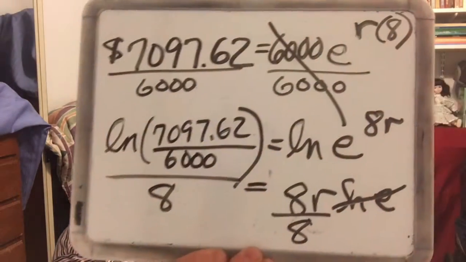So now I'm going to get that cleaned up on another board. So we have, oops, I think I erased the wrong board. Oh well. We have natural log of 7,097.62 divided by 6,000, and then all of that divided by 8 equals r.